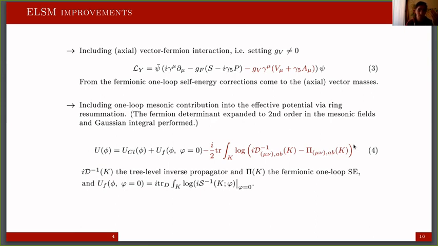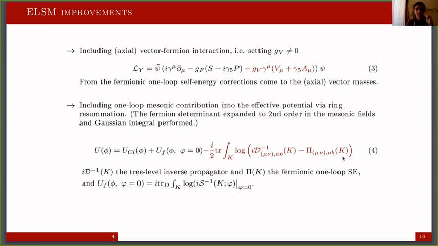We call it Gaussian approximation because one has to calculate Gaussian integrals in the fields. And in the new term of the effective potential, one will have a trace log, and it will contain the tree-level propagator of the mesonic fields, corrected with the one-loop fermionic self-energy for the mesonic fields. One can use an approximation called local approximation, when the self-energy is taken at vanishing external momentum.